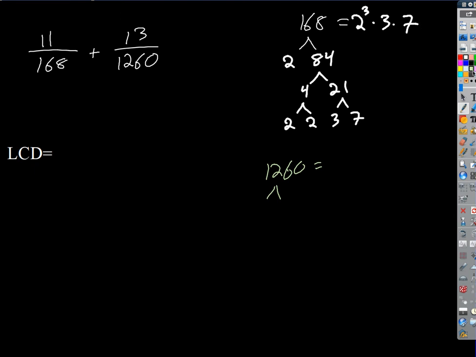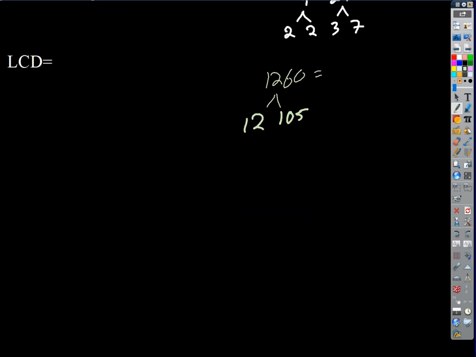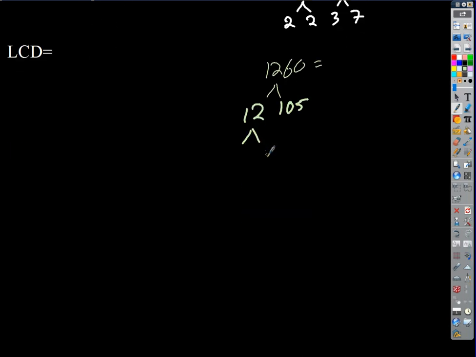How about the 1260? I could do 12, so it's not so long, maybe a little more even. So I get 12 times what? 105, because 12 times 100 is 1200 and 12 times 5 is 60. 12 breaks up into 4 and 3, and 4 is 2 times 2, times 3. 105 is 5 and 21, and 21 is 3 times 7.